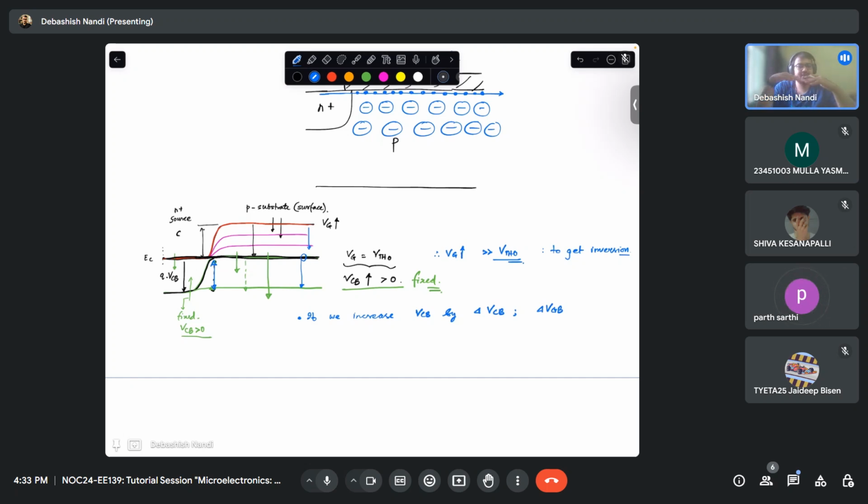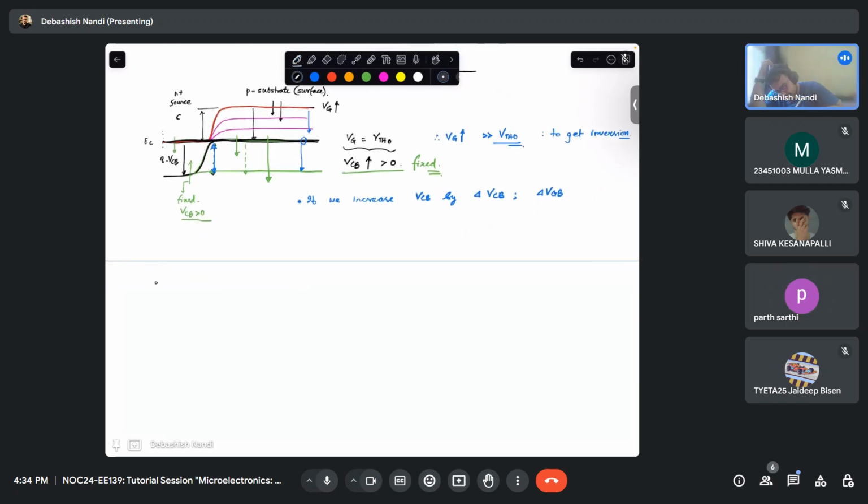Let's say my VC was earlier 0 volt. Now I make my VC equal to 1 volt, and my VG was earlier 2 volt. So what will my VG be now? 2.5 volt. Why 2.5 volt?